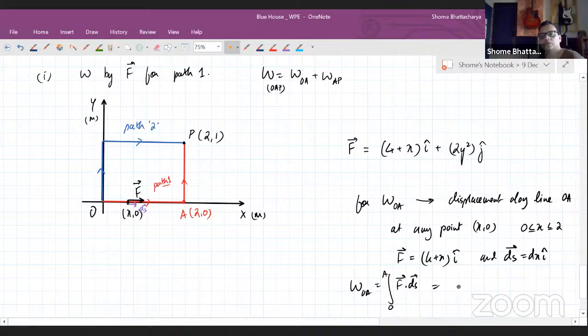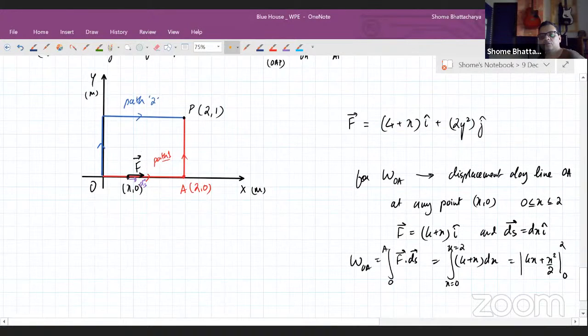When you take this dot product, you just have (4 + x) dx integrated from x equal to 0 to x equal to 2. So that becomes 4x + x²/2 evaluated from 0 to 2.